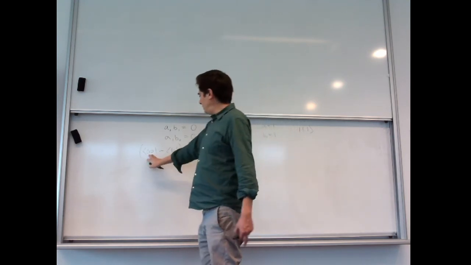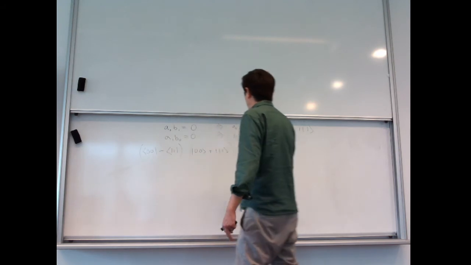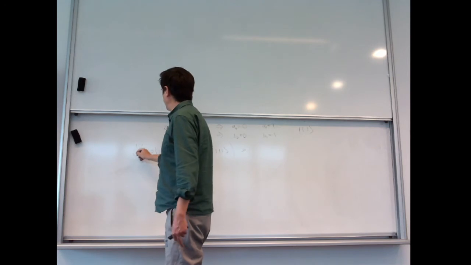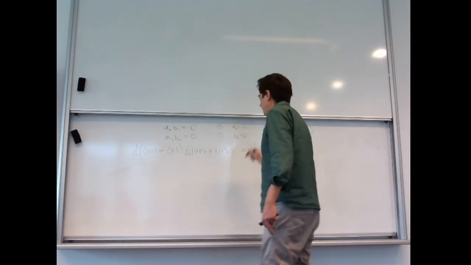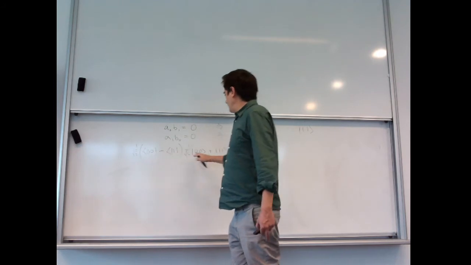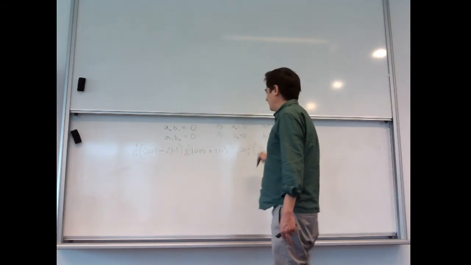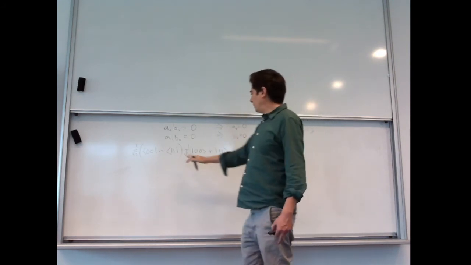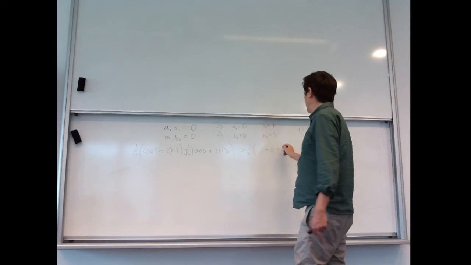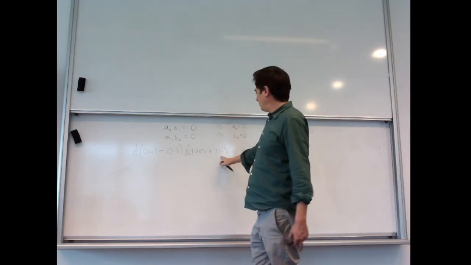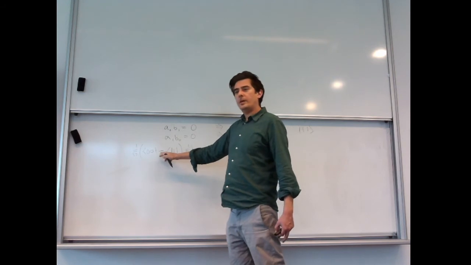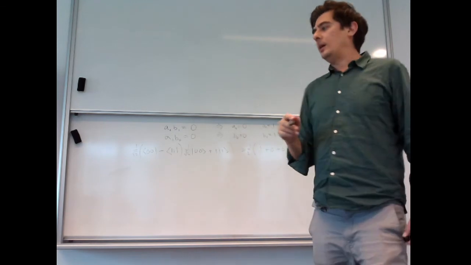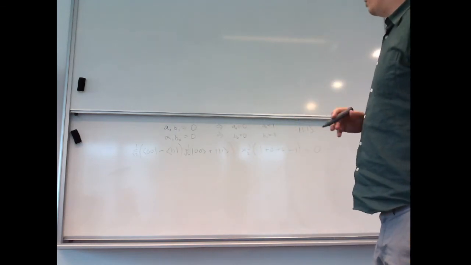There's a factor of a half overall. 0 0 overlap with 0 0 is 1, and 0 0 overlap with 1 1 is 0. 1 1 overlap with 0 0 is 0. 1 1 overlap with 1 1 is 1, but then there's a minus sign here. And so this is 0. So these are orthogonal to each other.